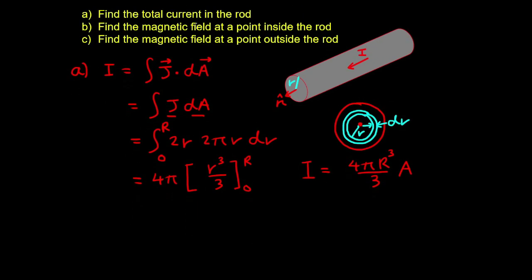And now we'll find the magnetic field at a point inside the rod. So if we suppose this is the cross section of the rod, then we take our Amperian loop inside the rod at some distance r from the center.